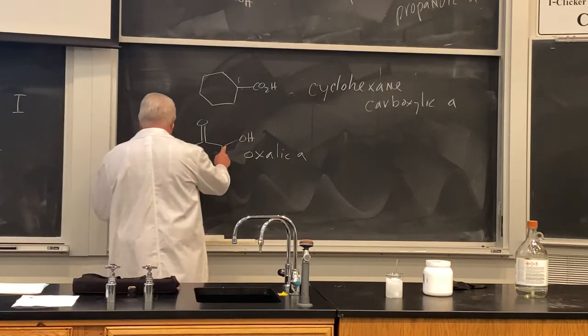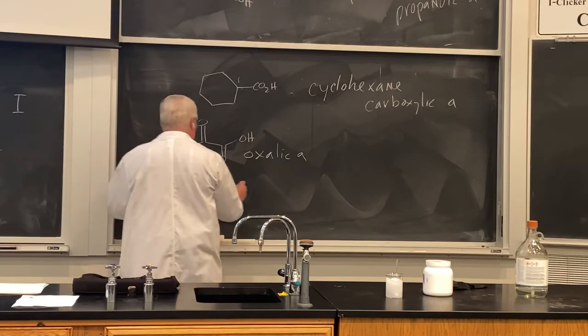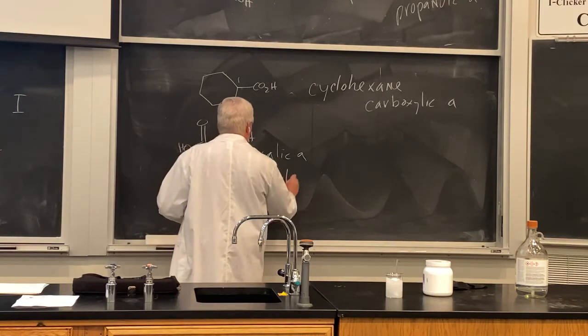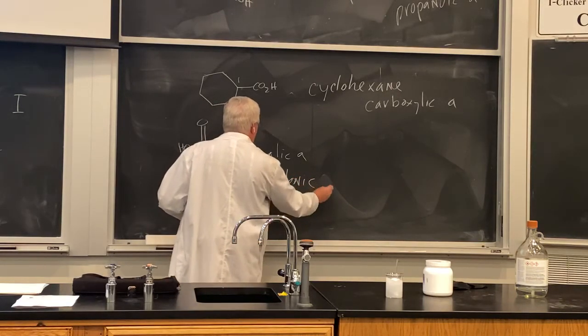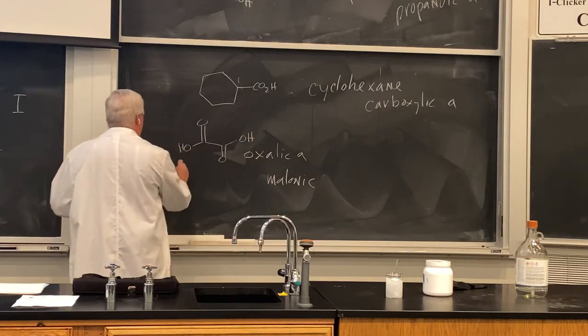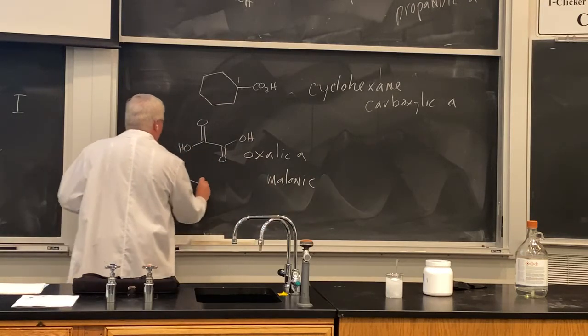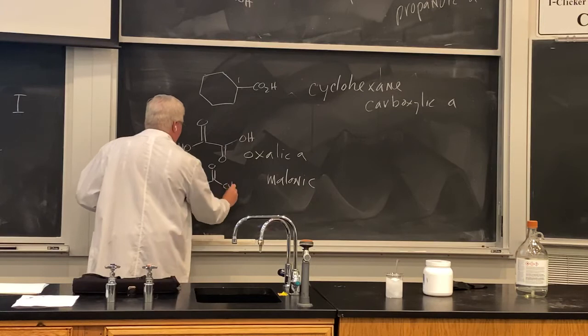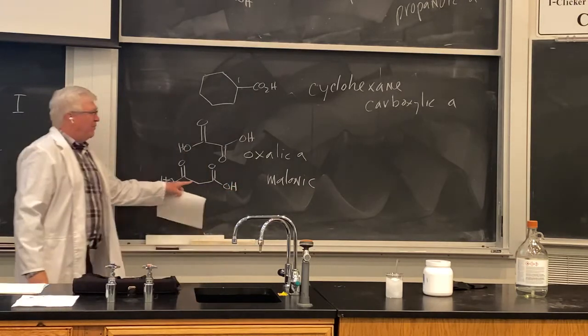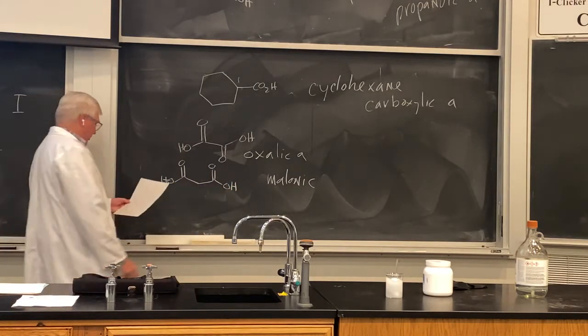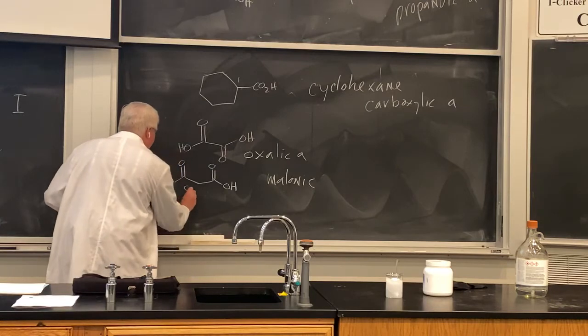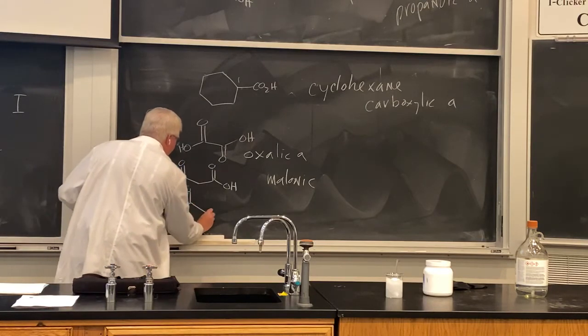So that's oxalic acid. Then we've got malonic acid. And I'll just put the name here of this. Malonic acid has 3 carbons. So you have an extra methylene in between. That's malonic acid. Then we have succinic acid, which has 4 carbons.